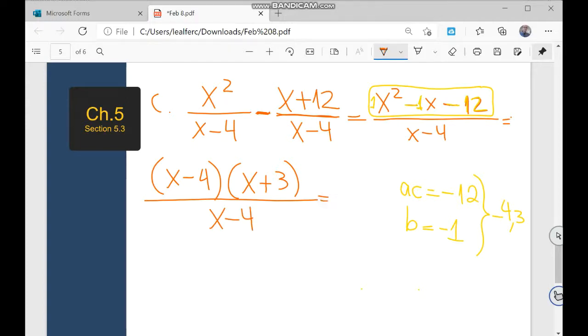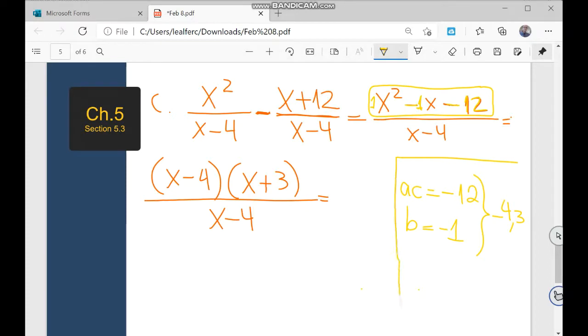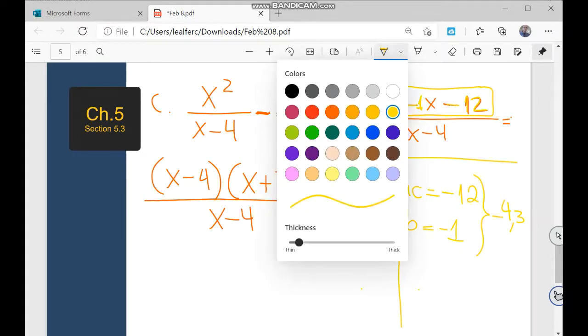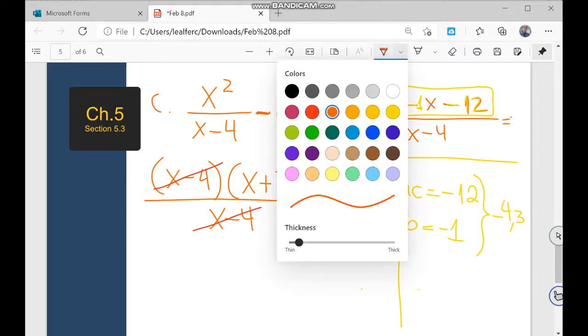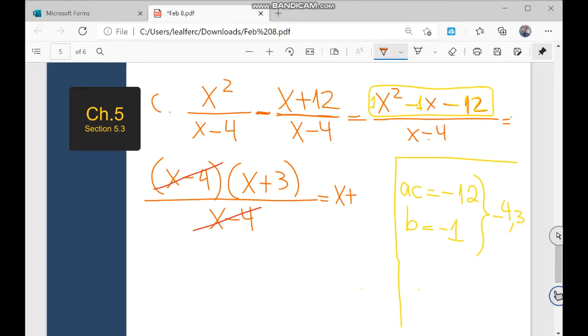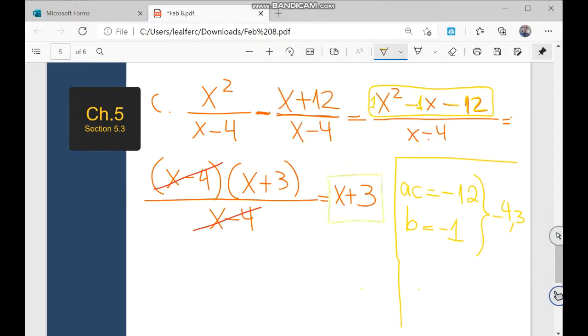And this is very cool because now we are able to simplify x minus 4 with x minus 4, and the answer is going to be x plus 3. This is the final answer, the simplest answer.